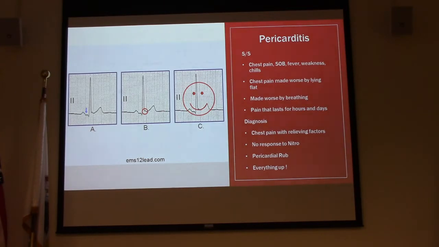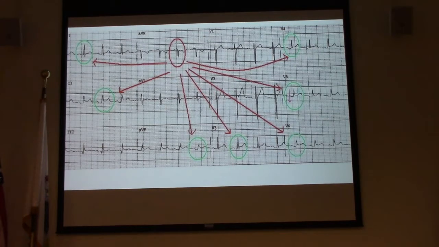We see elevation everywhere. So we take a look at this and we go, oh my gosh, holy buckets, look at the ST segment elevation everywhere. This patient is going to die. And here we've got the smiley face, all the concave. And this patient just has pericarditis. Now, don't take away the fact that this patient isn't suffering, because they definitely are, but it's not cardiac in nature.